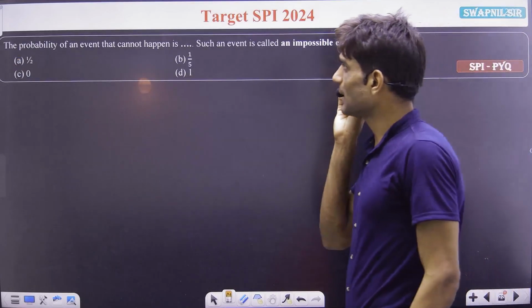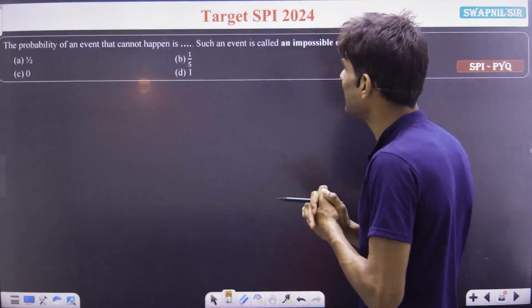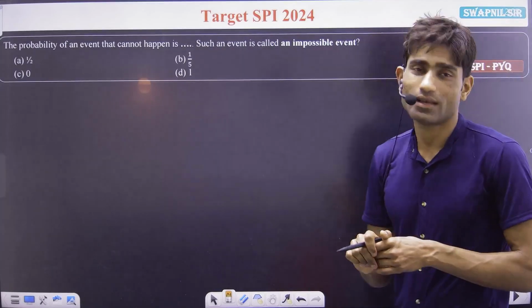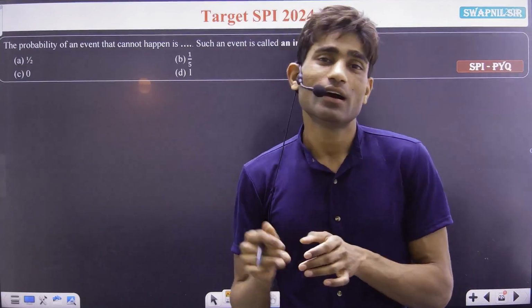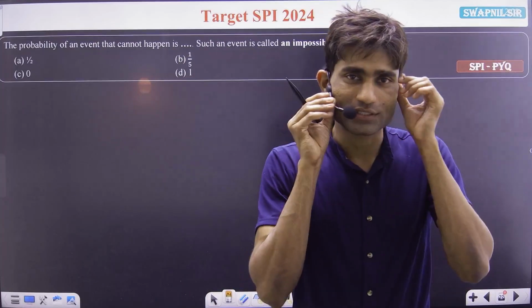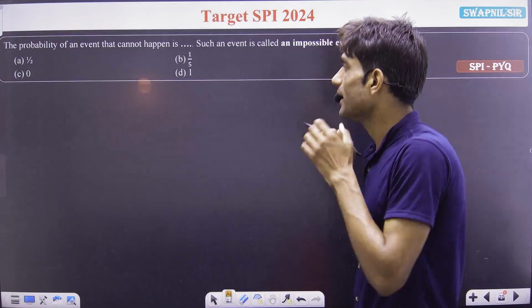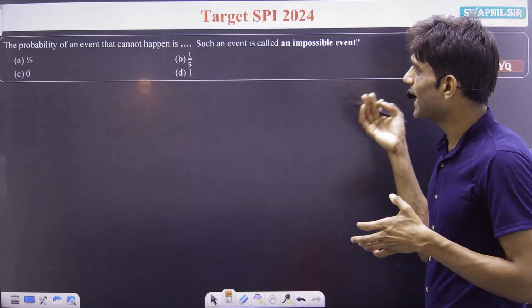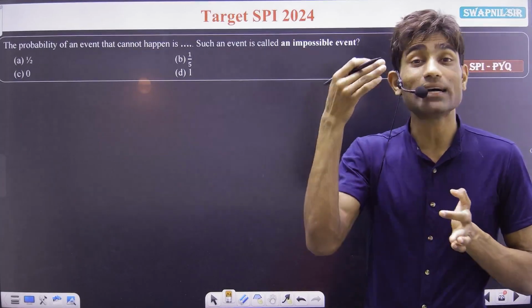In our next example, the probability of an event that cannot happen. I already explained that question at the start of the lecture. An event that cannot happen is an unsure event.